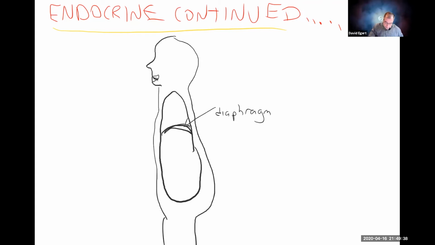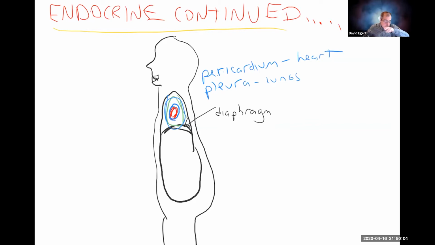We talked about how the heart is in the pericardium, and the lungs are in the pleura. These are the serous membranes that surround the organs and let them move around without rubbing.